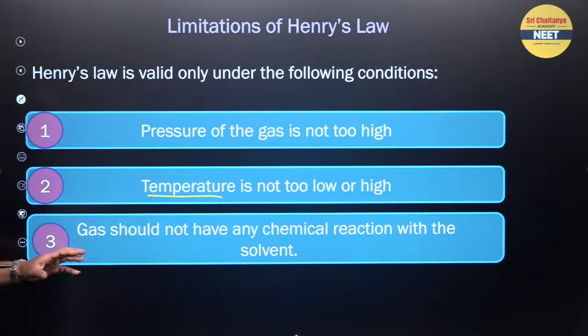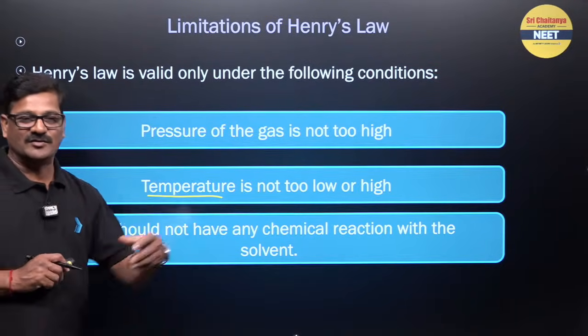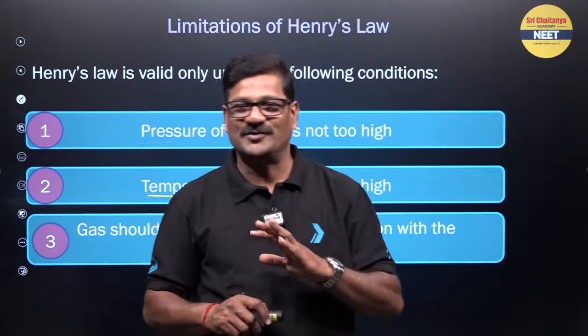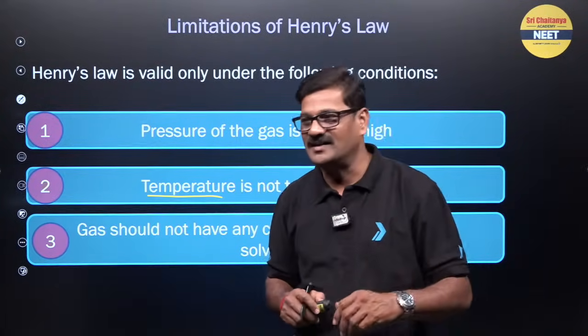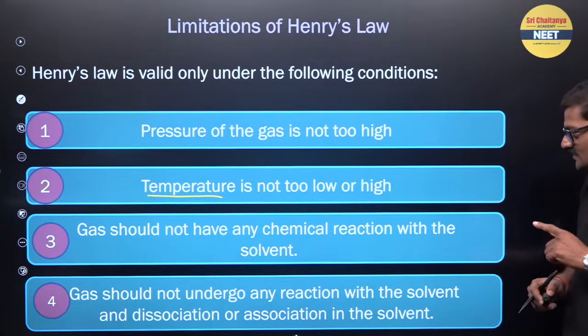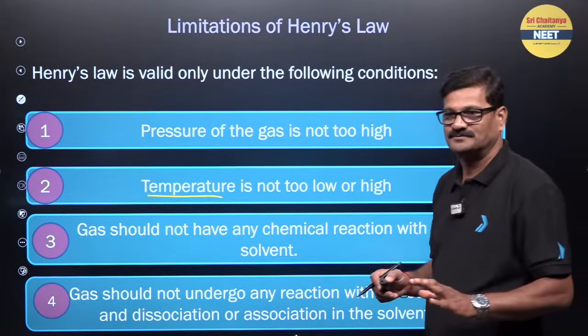Okay. And gas should not have any chemical reaction with the solvent. If you want to dissolve ammonia in the water, you don't use Henry's law constant. Ionization can also happen, right? And gas should not undergo any reaction with the solvent, or dissociation or association. Fine.